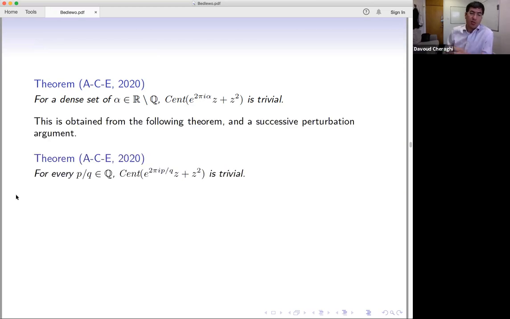This is obtained from having the same result for quadratic maps with a parabolic fixed point, and then taking a successive perturbation. The way you prove that there are maps that are not linearizable, using the fact that parabolic germs are not linearizable, is similar, but a bit more involved.